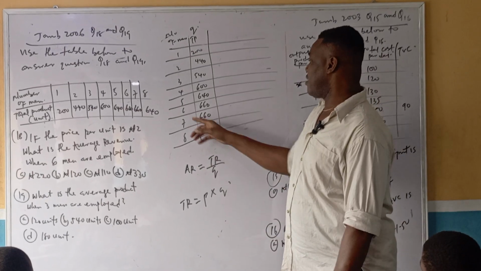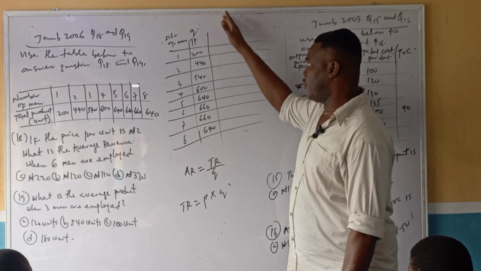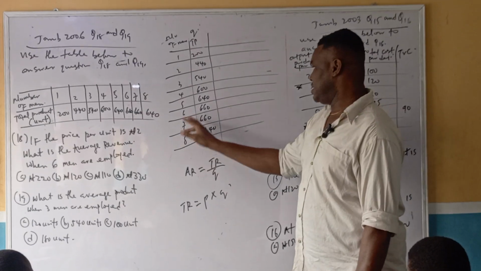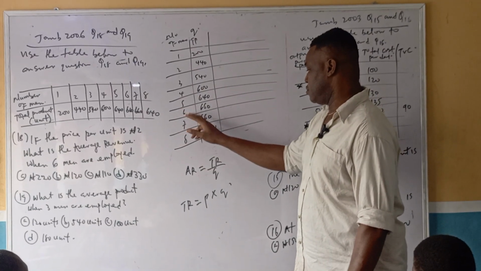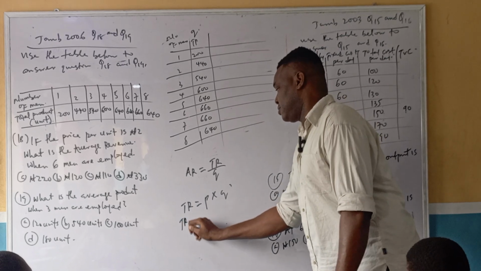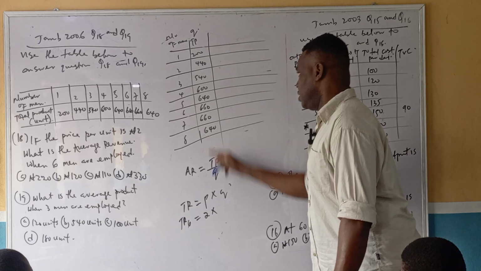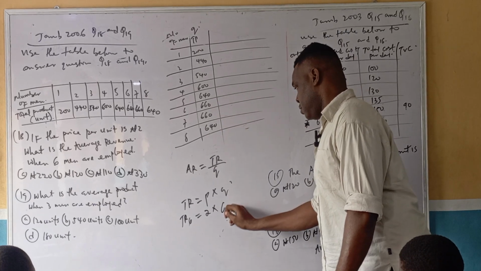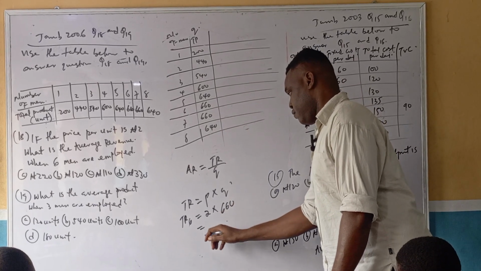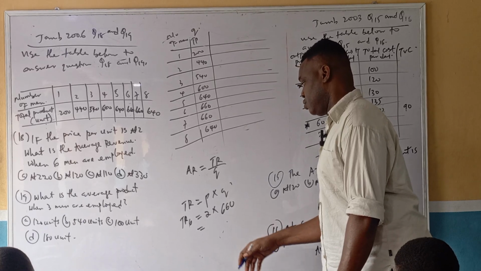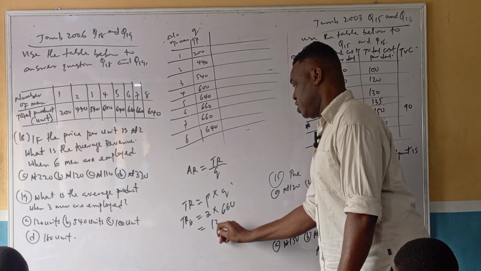Now first get your total revenue, not that you look for total revenue for everything, just for that 6 men. The price given is 2, times the quantity produced by 6 men. Multiply 660 times 2. It gives you 1,320.